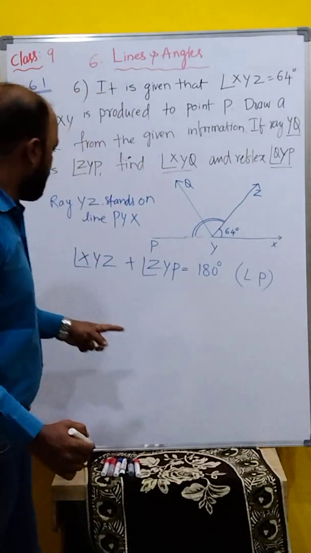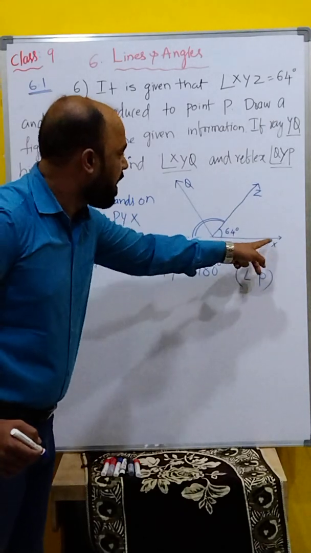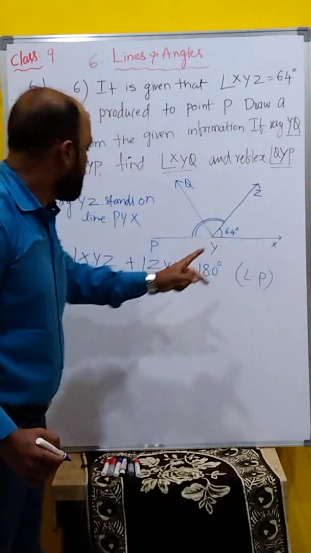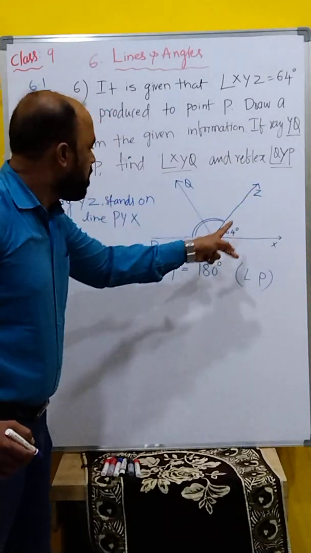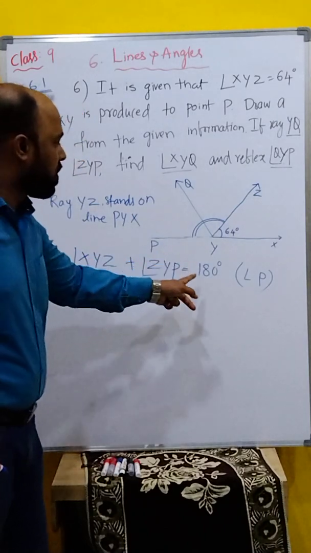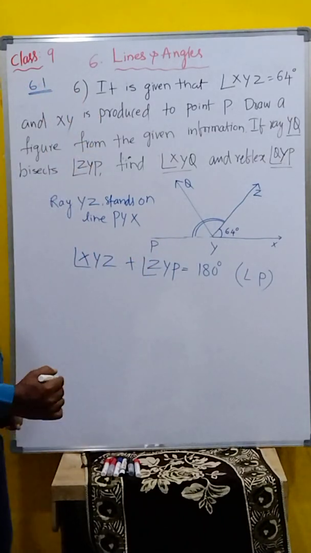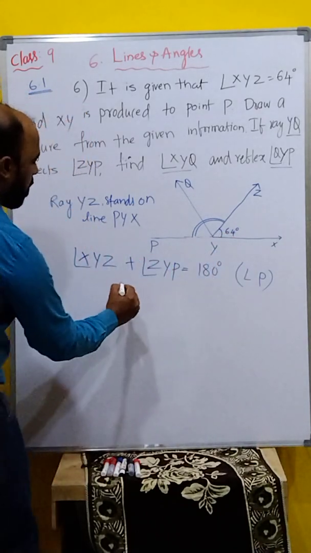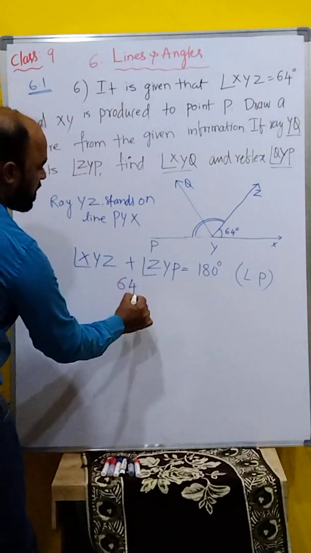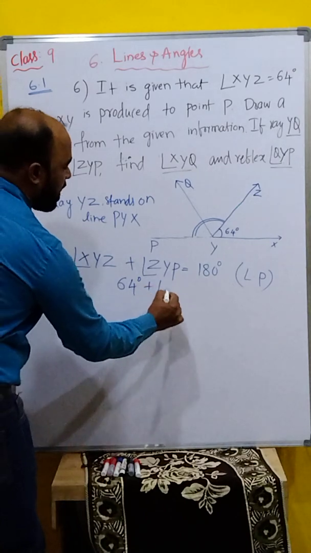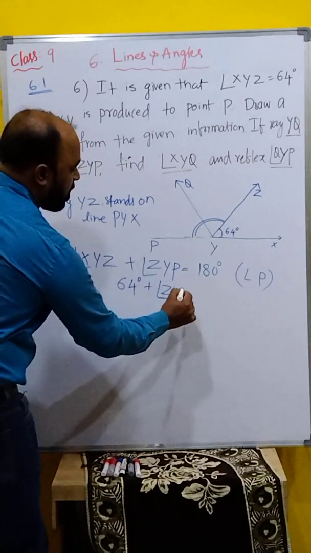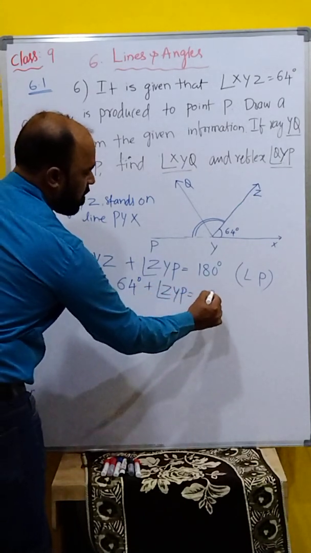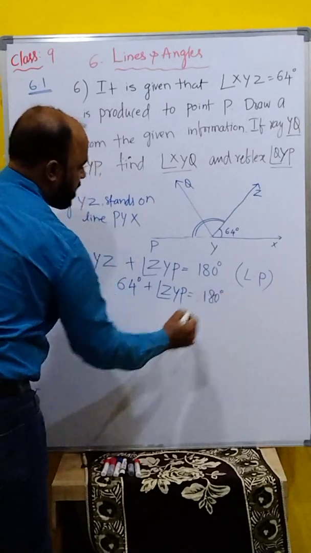PYX is a line. Angle XYZ plus angle ZYP is equal to 180. That is a linear pair of angles. Now XYZ is equal to 64. Apply it: 64 degrees plus angle ZYP is equal to 180 degrees.